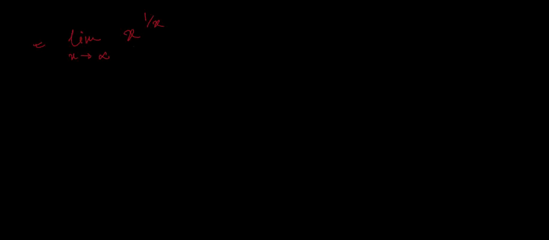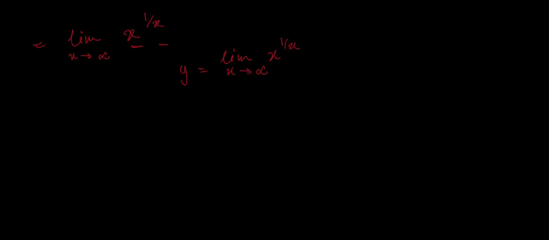For this problem, we do not have the desired form, because there is no numerator and no denominator. So in order to evaluate this, we are going to use the substitution method first, and then L'Hopital's rule. Let's say y equals the limit of x to the power 1 by x as x tends to infinity.